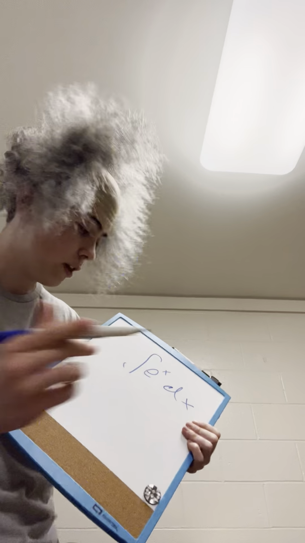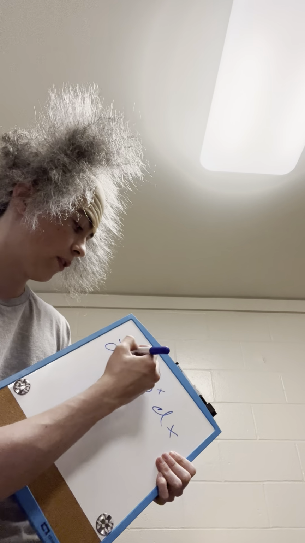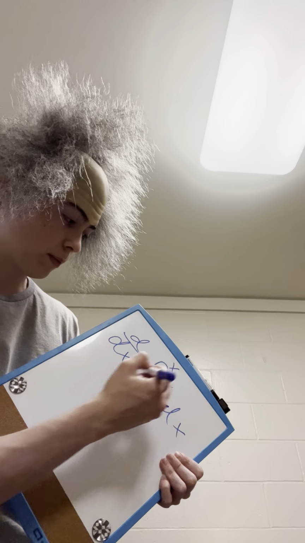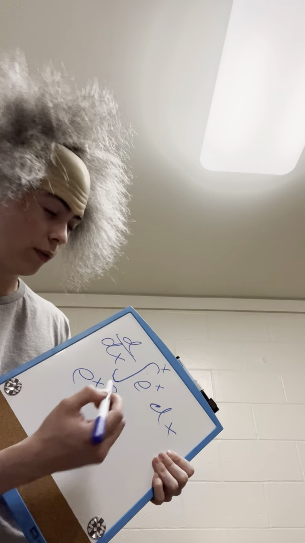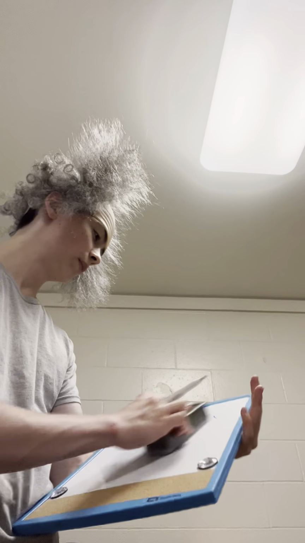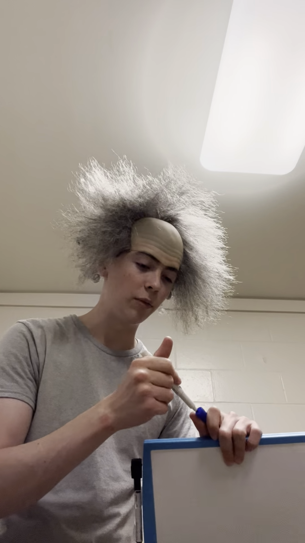And then, just to conclude, by the second fundamental theorem of calculus, the derivative of the integral of e to the x is just e to the x, right? So, Euler's constant, really, it's my favorite number. I'm not going to lie there. Euler's constant is definitely my favorite number.